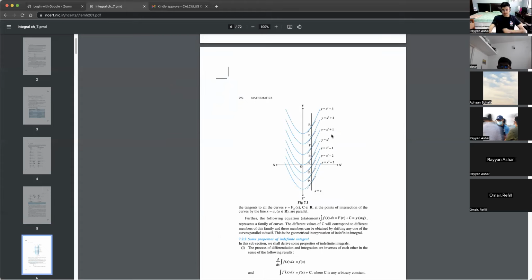Now I'll try my best to explain it. Basically, they're trying to show you how indefinite integrals are formed. So now we can see that the derivative of each of these functions, x squared plus 2, x squared plus 3, x squared plus 1, x squared minus 1, all of them give us the same slope, which means all of these graphs will be parallel.